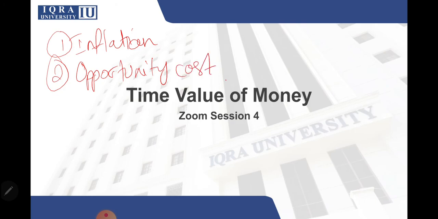Money always has an opportunity cost related to it. Actually, any decision has an opportunity cost related to it. Opportunity cost is the cost of the next best alternative that is foregone.